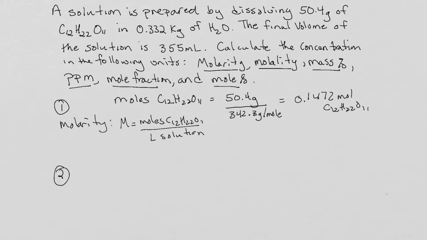So I already know my moles, right? I just calculated those. What about liters of solution? Well, what do I know about the solution? Well, I know the solution is 355 milliliters.